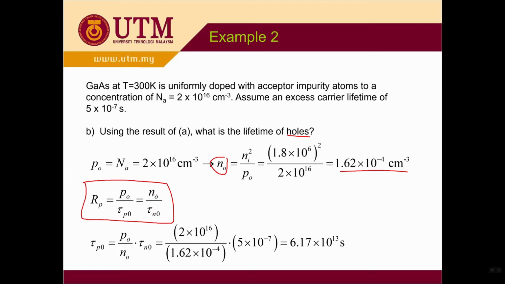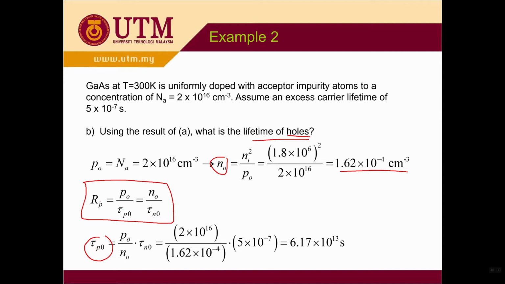Earlier on, we solved it for NO, you just put it here, 1.62 here, and we want to get the lifetime of holes. So you just turn them around. This going to the top is going to the bottom here.